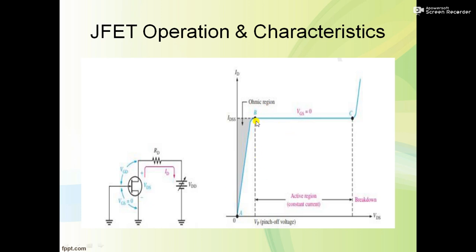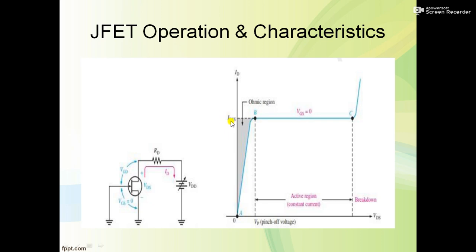Due to this reason, the drain current becomes constant from point B to C. At the same time, VDS increases up to point C. After point B, as VDS increases, the drain current stays constant up to point C. And that constant level of drain current is called IDSS.